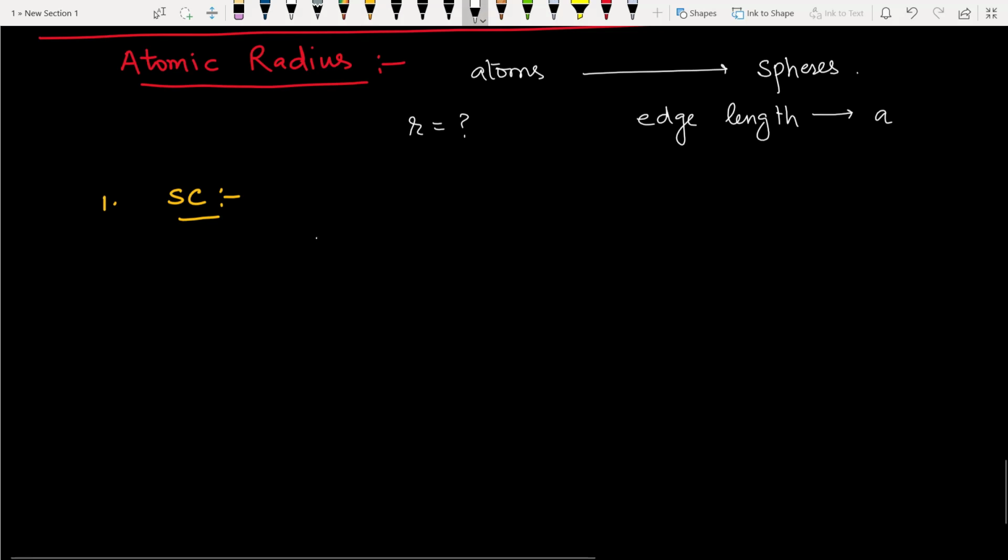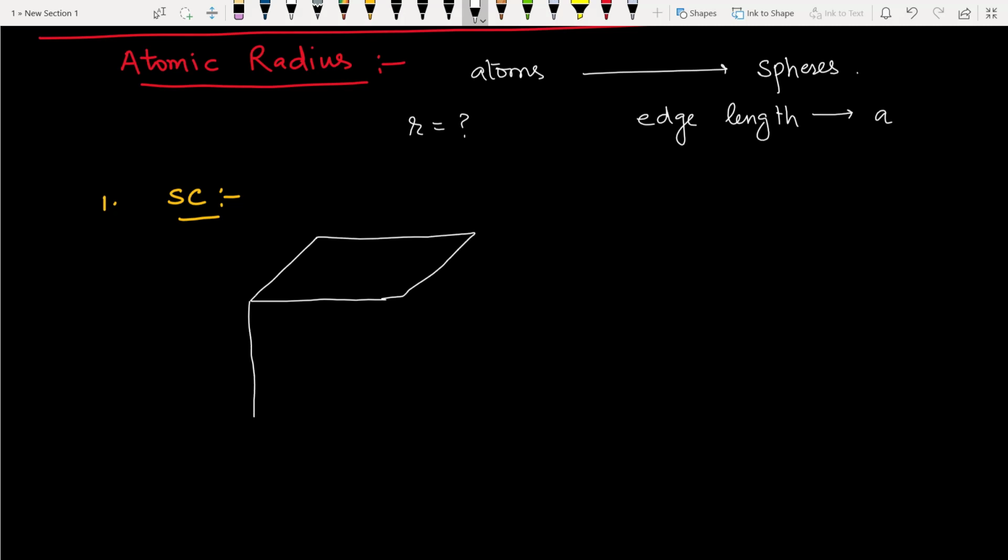Firstly, we draw the simple cubic. So now atoms, we will show them not by the points, by the spheres.